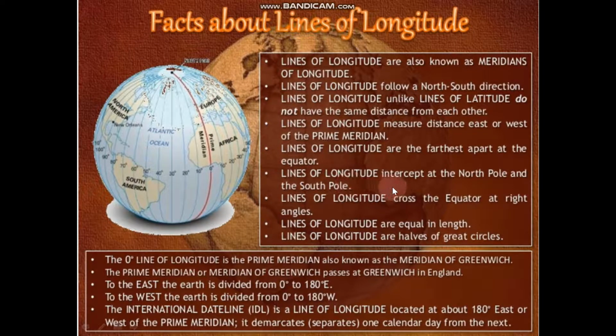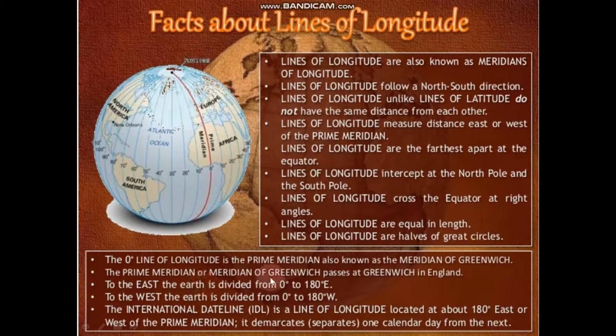Now, lines of longitude intersect at the North Pole and South Pole, here and here. Lines of longitude are equal in length, and lines of longitude are halves of great circles. See, now the important ones: the 0° line of longitude is called the prime meridian and is also known as the meridian of Greenwich.